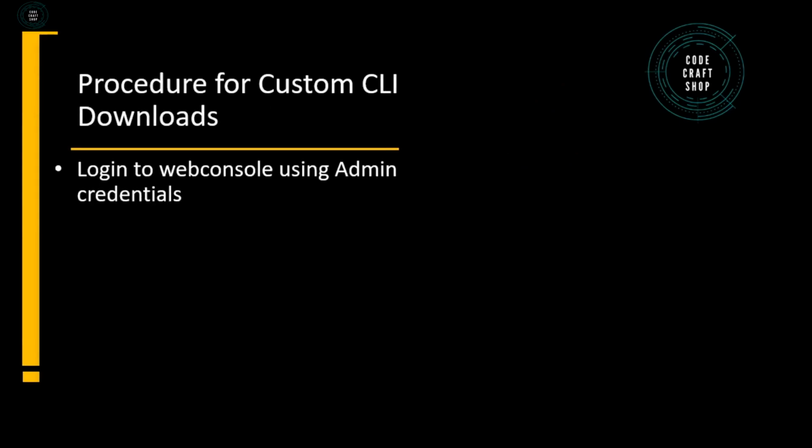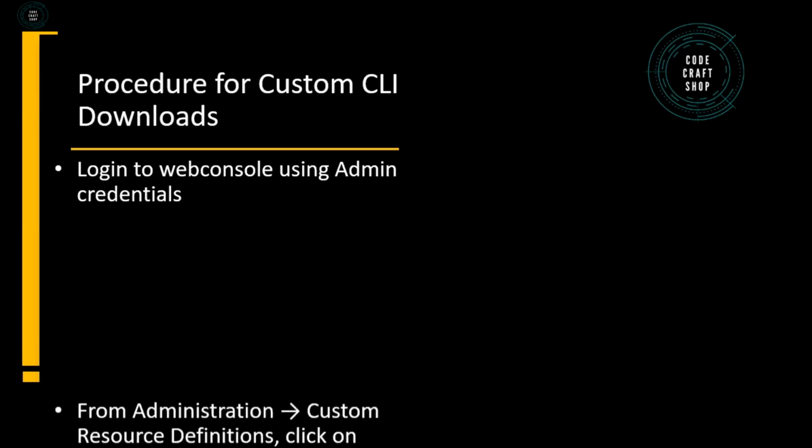So now let us come to the procedure for custom download CLI links. In order to customize the web console for custom CLI downloads, we need to log into the web console using admin credentials.